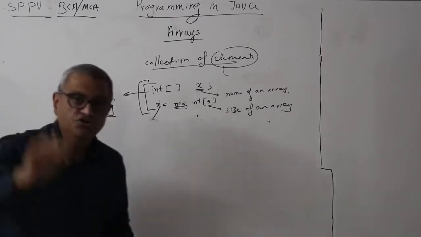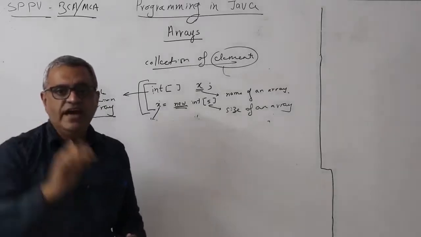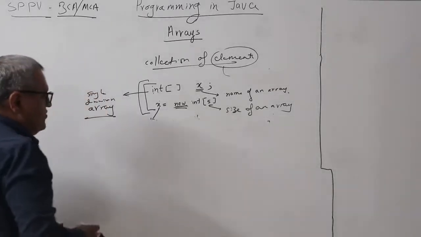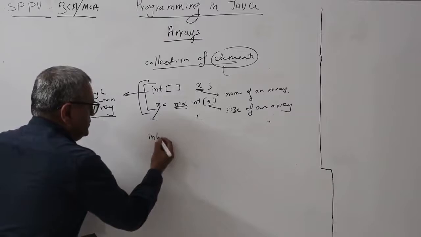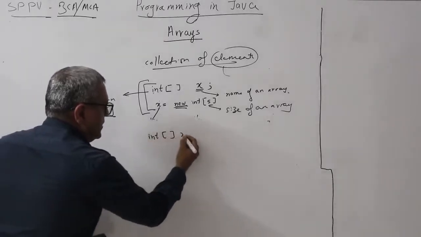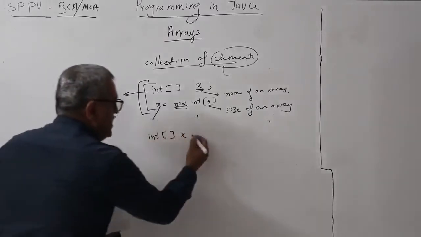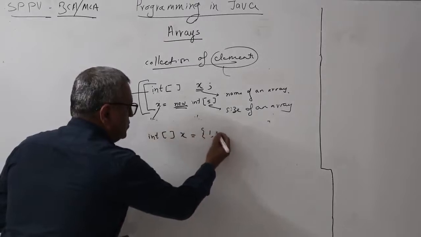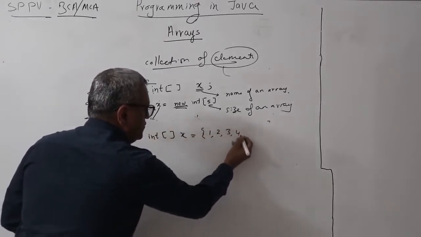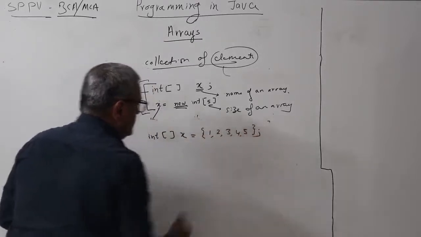I can also initialize the array during declaration. For example, int x equals 1, 2, 3, 4, 5.